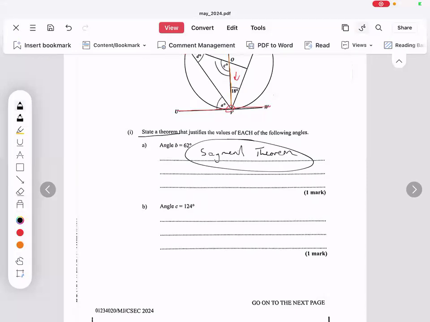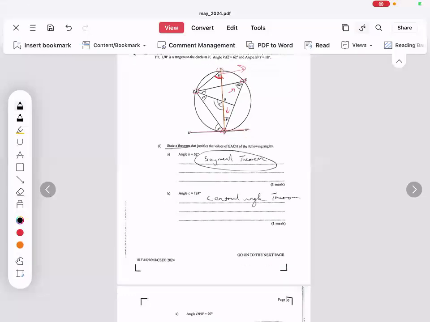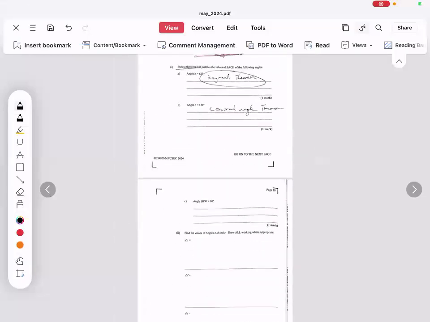The central angle theorem. Very good. That's it. If they say state the theorem, we did. The theorem is called the central angle theorem. Once I write that, you're gone with your marks. All right? Lovely.